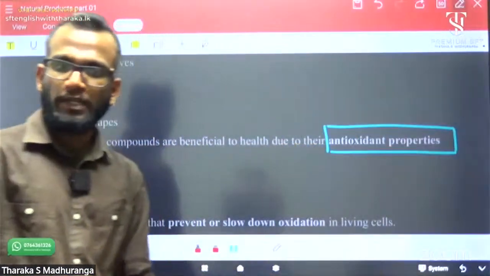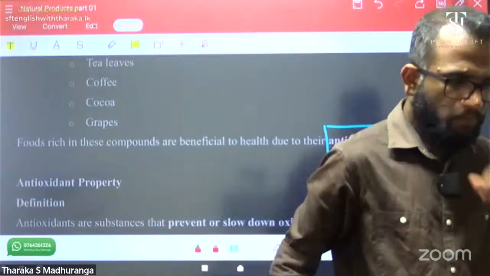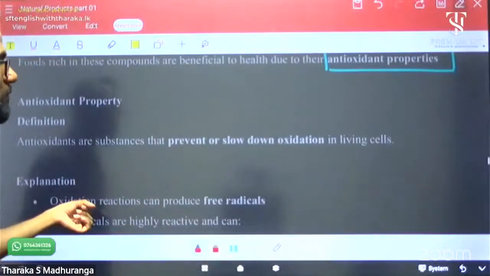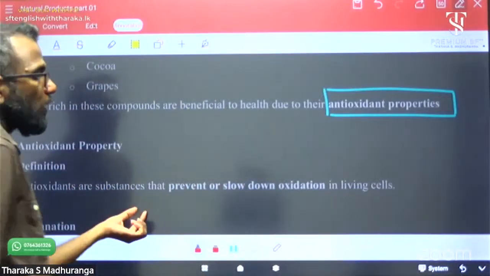What is the meaning of antioxidant property? Antioxidant property actually means preventing or slowing down oxidation in living cells.